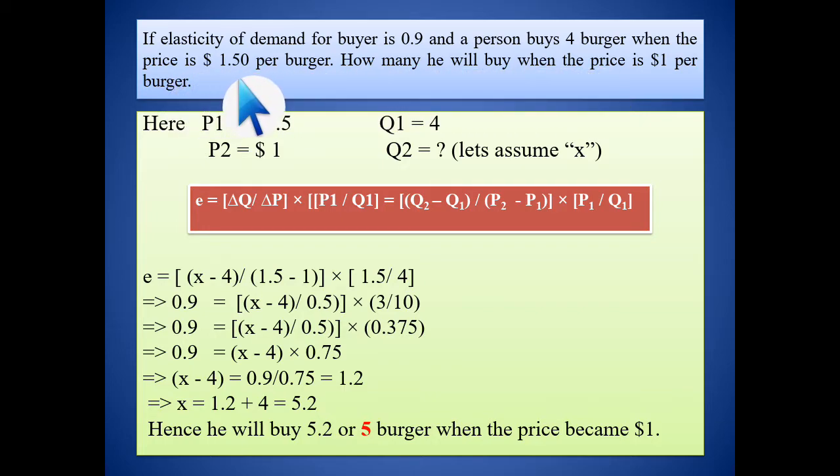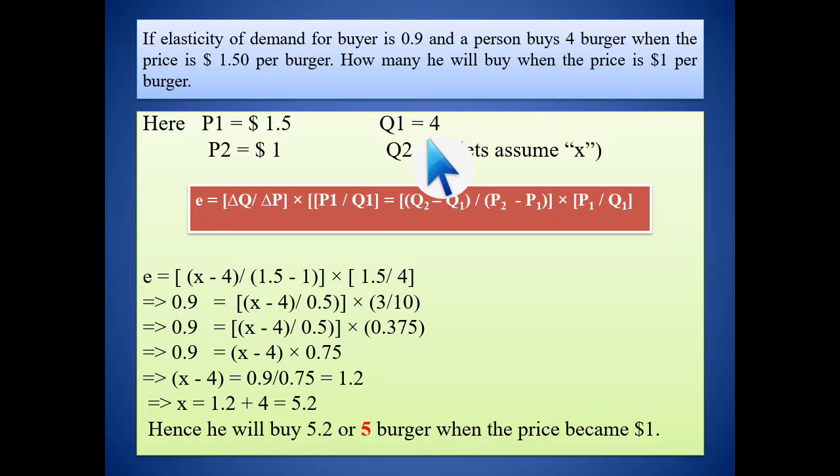Here we have the value of elasticity, and initially the person buys 4 burgers when the price was $1.5. Getting the point? Initially the price was 1.5 and now it is $1, so how much will he buy now? P1, P2 and Q1 are given here. Now you have to find the value of Q2.